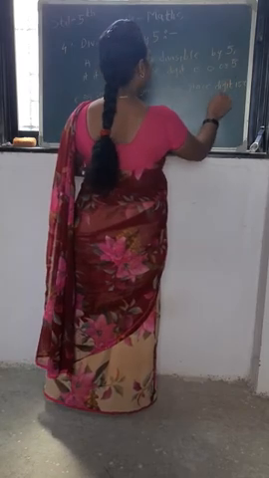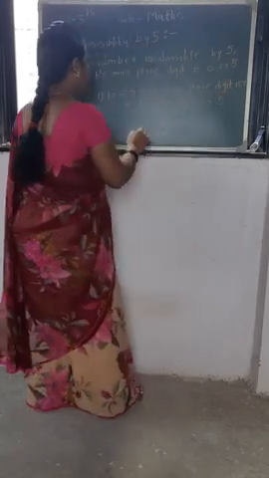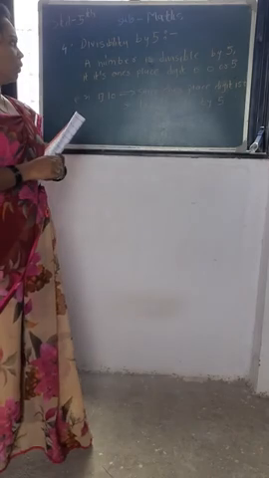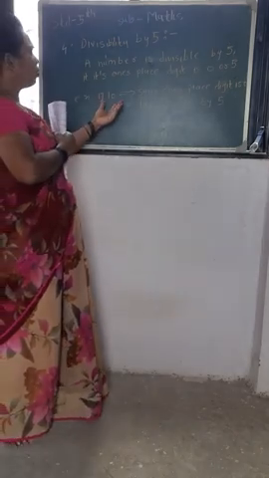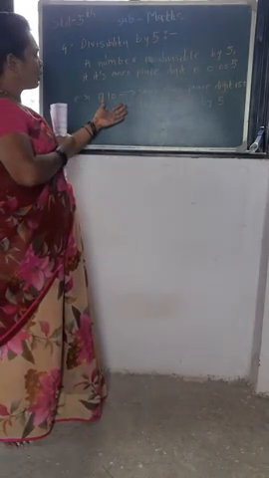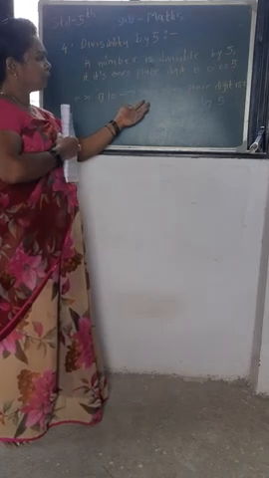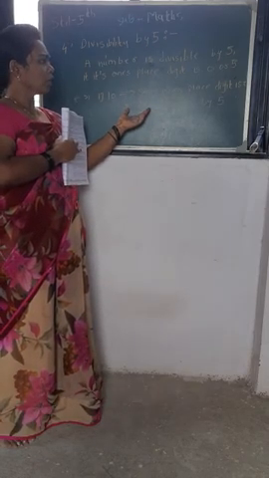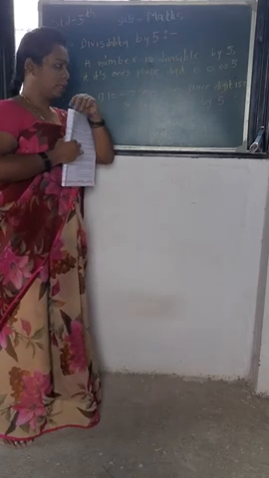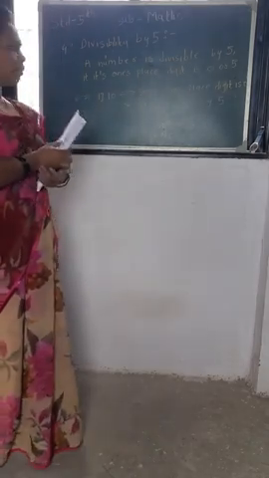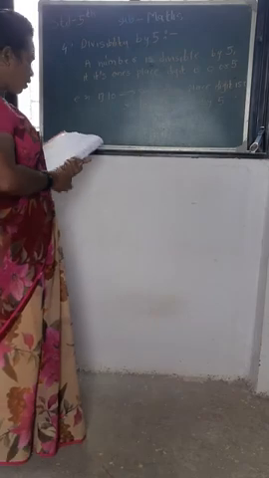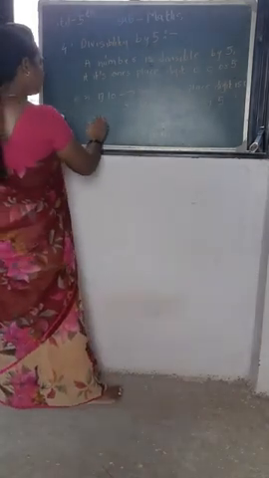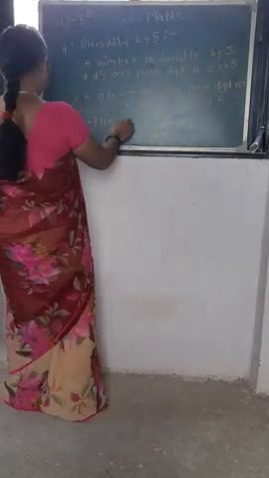Since we have one example of divisibility by 5, the number is 10. Since the ones place digit is 0, 10 is divisible by 5. The second example is 115.